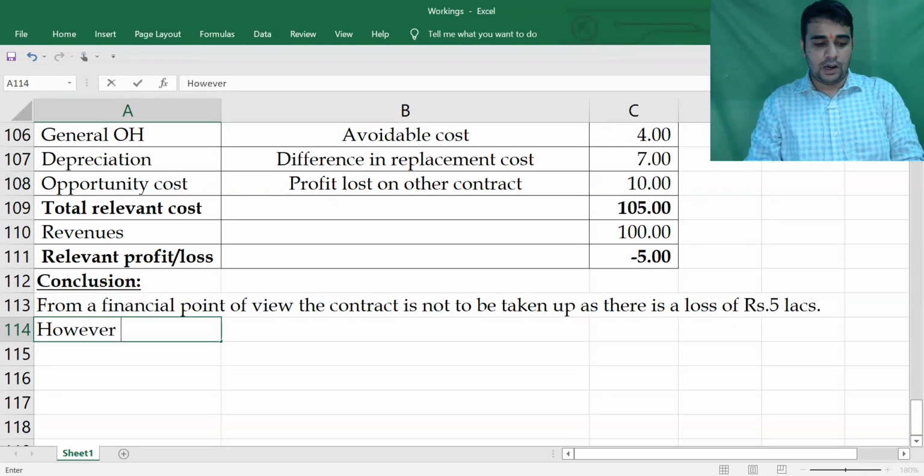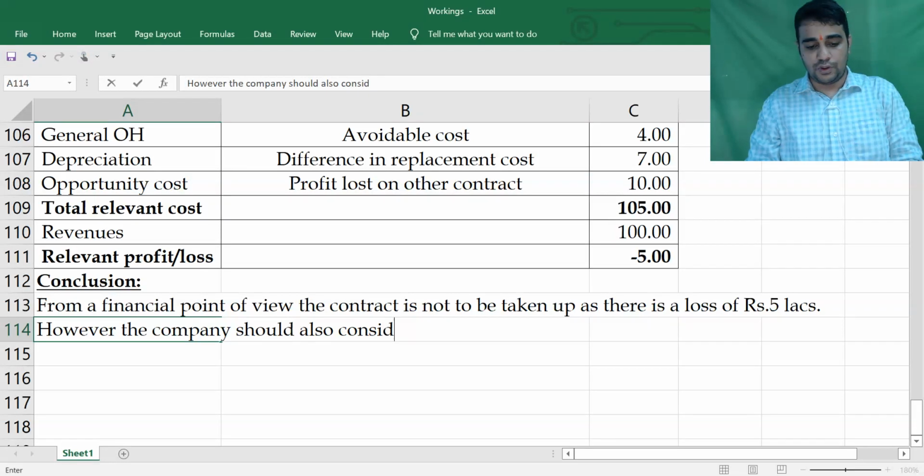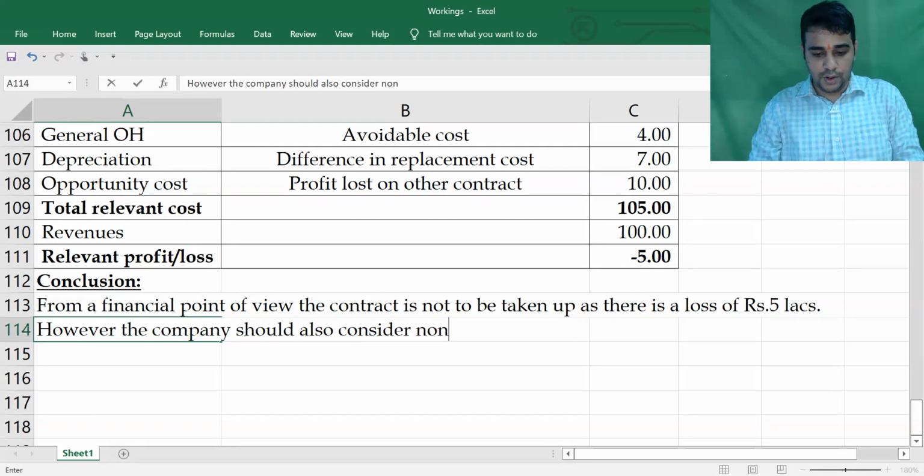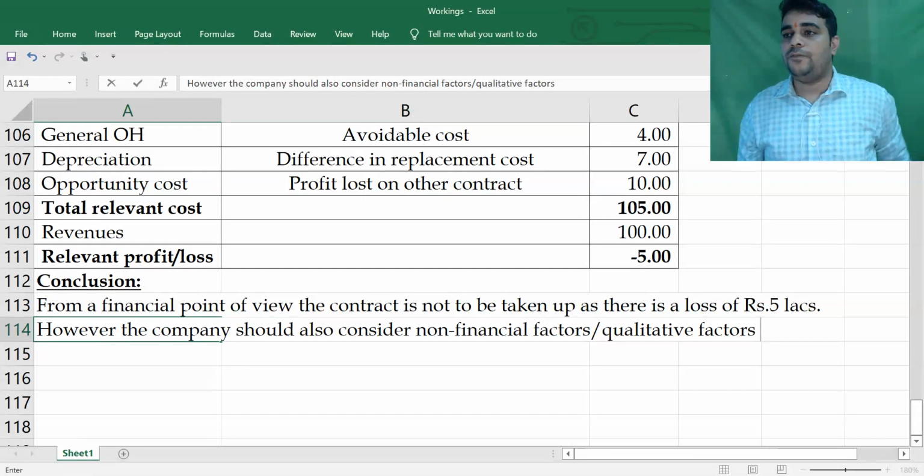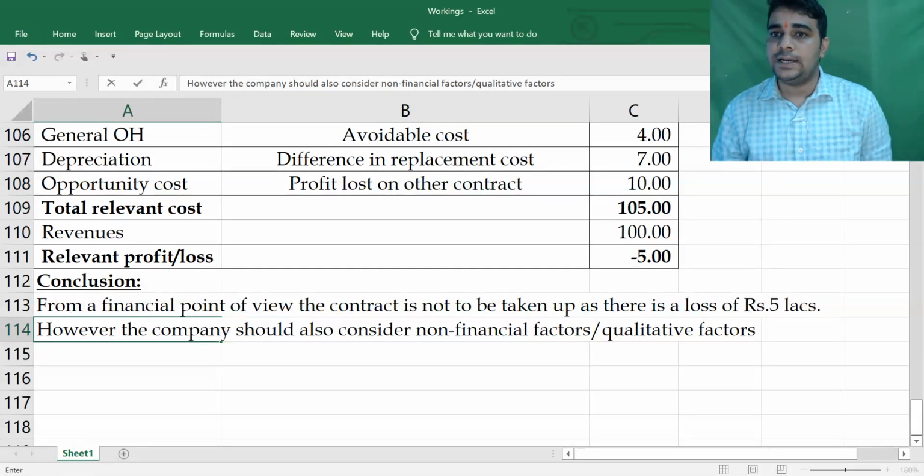However, the company should also consider non-financial factors / qualitative factors. This is the other name. You can use any of the word. Non-financial factors / qualitative factors.